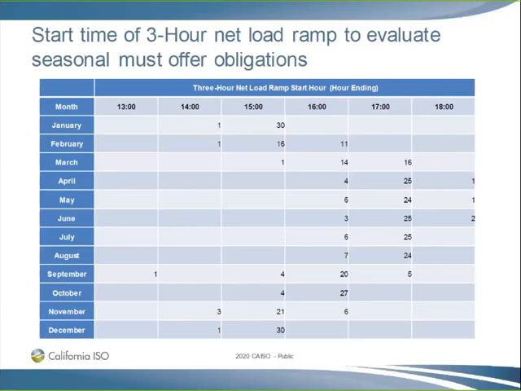So we added 2 more hours for the most obligation hours. So for January, it will be 15, 16, 17, and 2 hours, 18 to 19. So the methodology here is just simple math. It's just a rough count. When it's the most concentrated starting time, then you add 5 more hours to that.